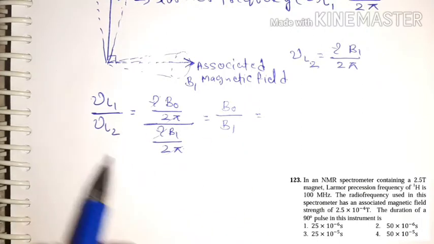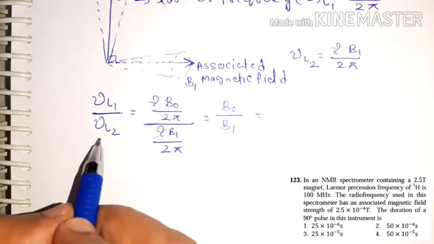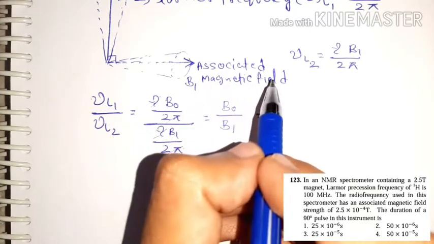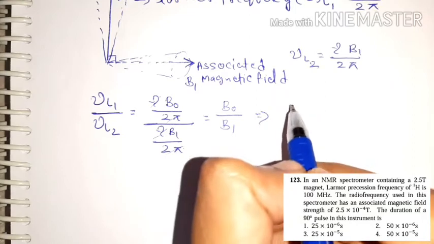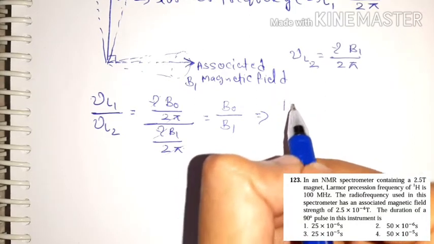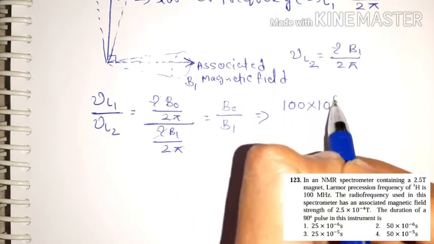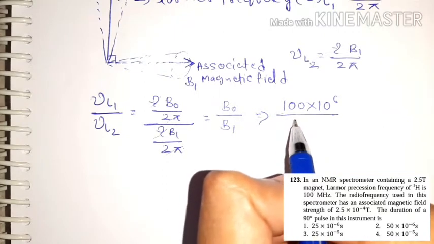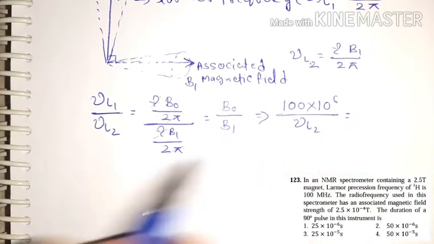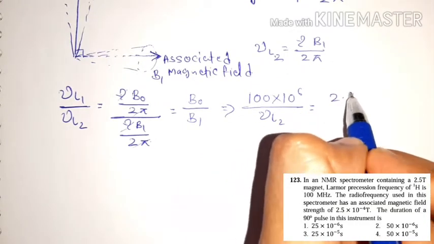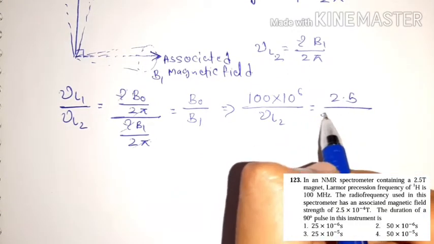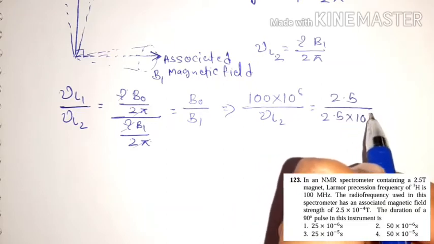So place all the values in this equation and we will get the Larmor frequency for the associated magnetic field. Mu L1 is 100 into 10 to the power 6 hertz, B naught is 2.5 Tesla, and B1 is 2.5 multiplied by 10 to the power minus 4 Tesla.